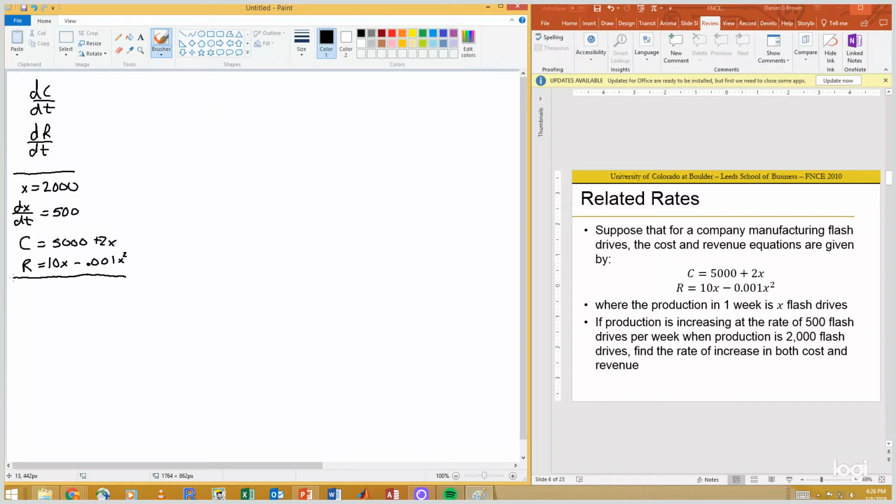Okay, in this problem, we're trying to find dC/dt at this particular point in time. So we need to take a derivative implicitly.